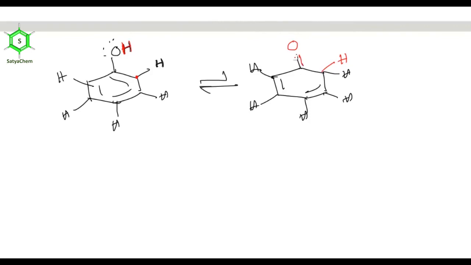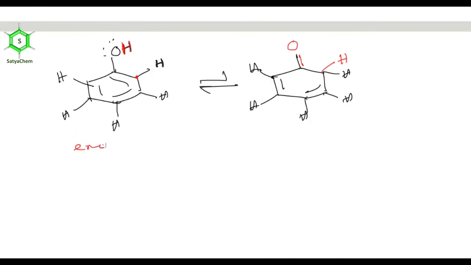But as we know, C double bond O is more stable than this C double bond C. So according to this thermodynamic data, C double bond O bond energy is higher than that of C double bond C. You can say that keto form is more stable than enol form.